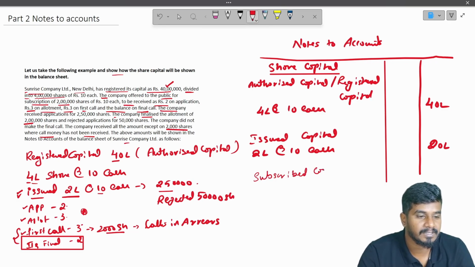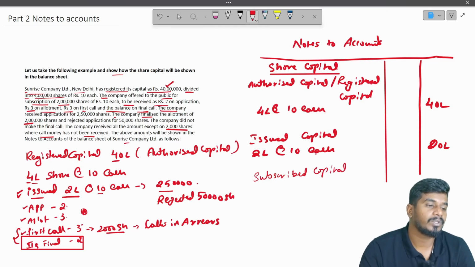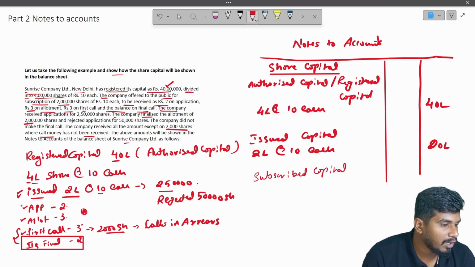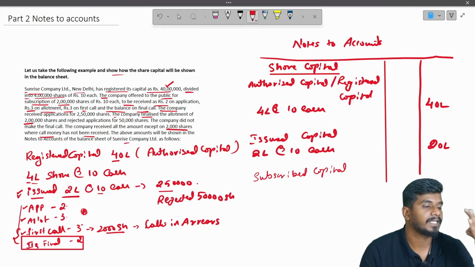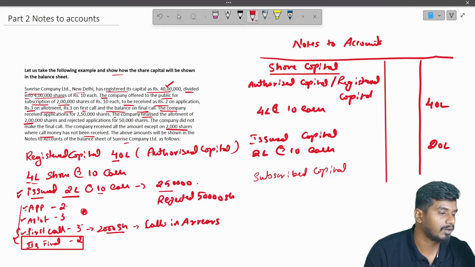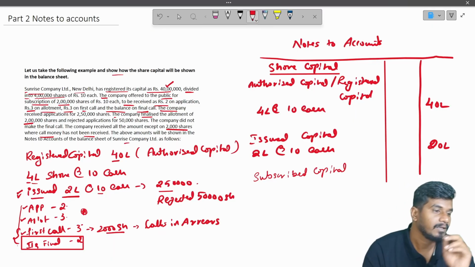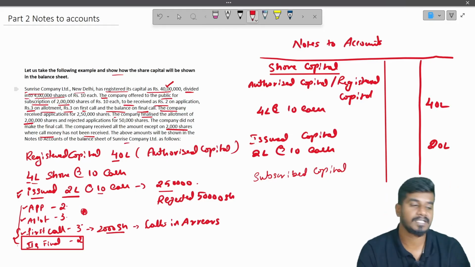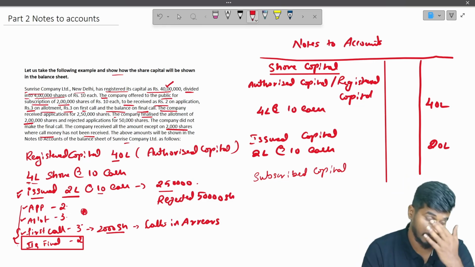Subscribed capital. Here, the company called up three installments, that is application, allotment, and first call. The company didn't ask for the final call yet, and 2000 shares' money is still pending from the shareholders. They didn't receive it, which means it is calls in arrears.